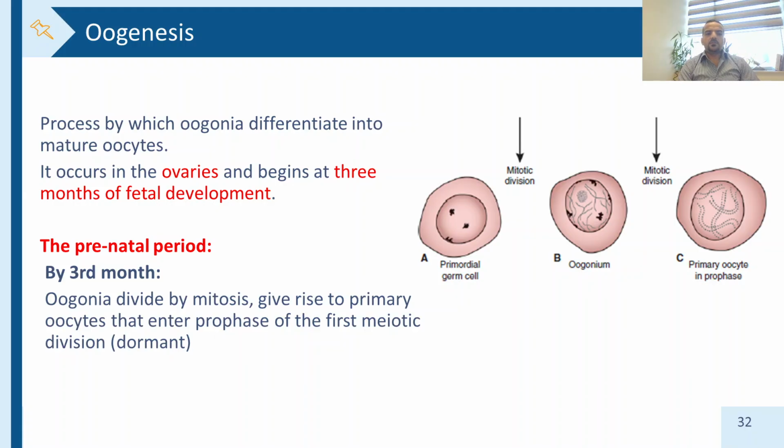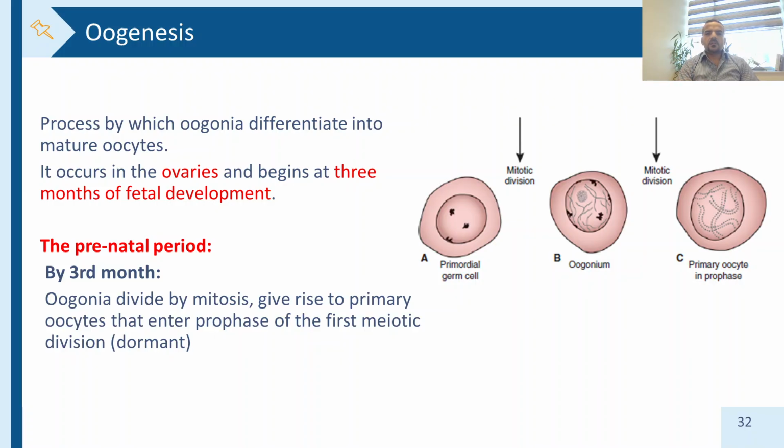What exactly happens? At the age of 3 months the oogonia will divide by mitosis. In the ovary the oogonia will start the process of mitotic division. This will give us the primary oocyte, and the primary oocyte will start meiosis.